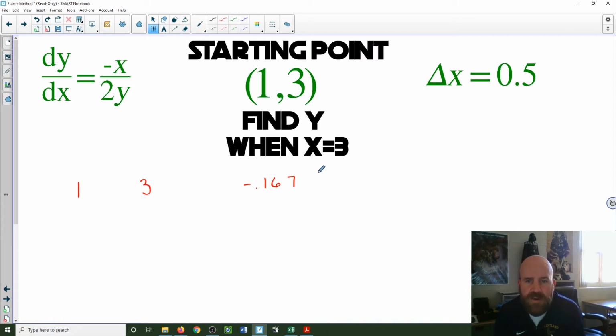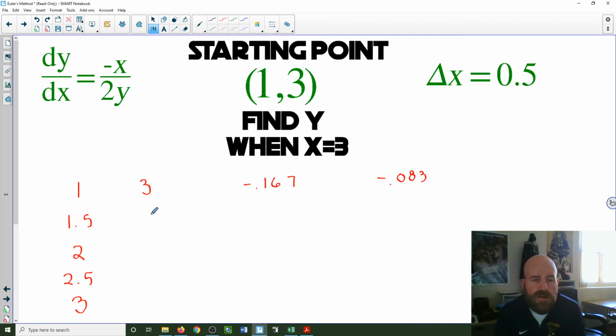So change in y, we're going to calculate by multiplying our slope by 0.5, and we end up with negative 0.083. So remember, we're adding our change in x to x, so we go to 1.5. And we can lay this out. Some people prefer to do this, so we go 1, 1.5, 2, 2.5, 3, just so we know how many jumps we've got to make.